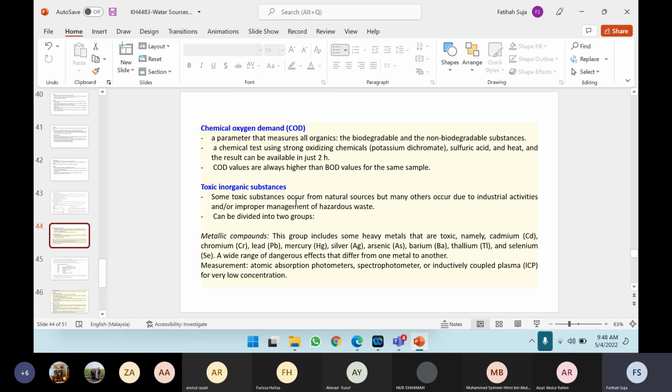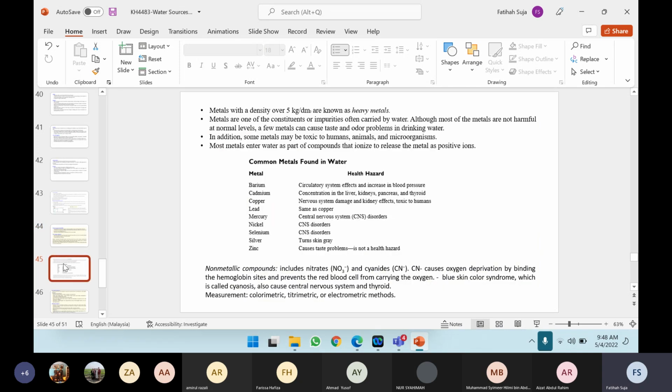Some toxic substances occur from natural sources, but many others occur due to industrial activities and improper management of hazardous waste. They can be divided into 2 groups. You can have metallic compounds, and the measurement is using atomic absorption photometer, spectrophotometer, or inductively coupled plasma ICP for very low concentration.